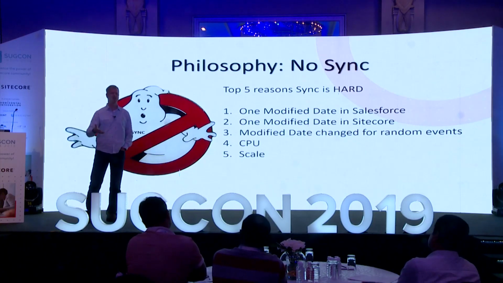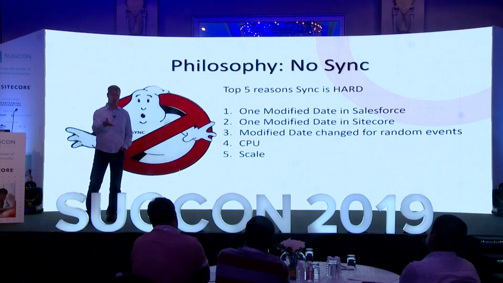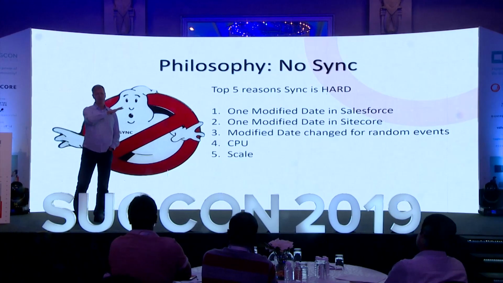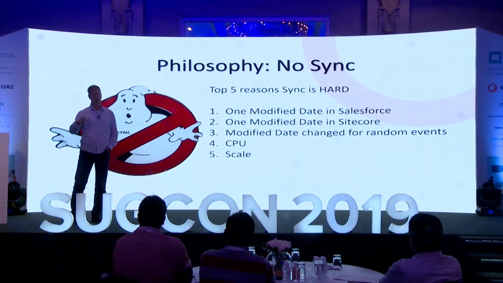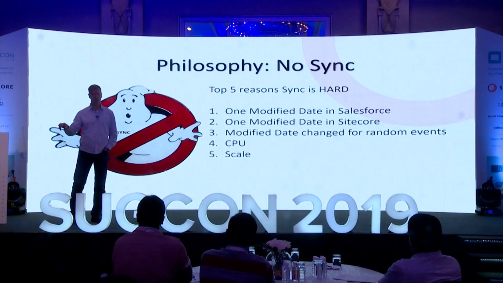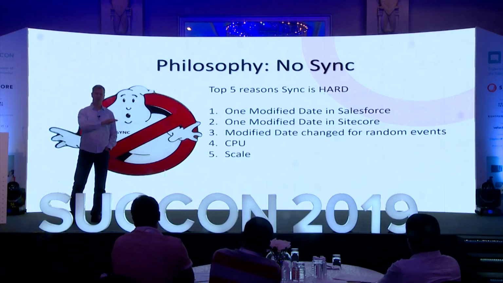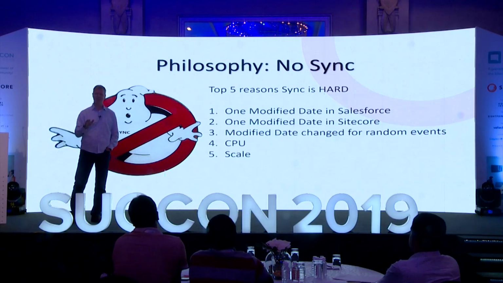When that happens, if you make a custom field and you populate it, then the modified date has just changed on every object in Salesforce because you have changed that object. Okay? If you're running a pipeline batch based on those changes, you have just queued up every object in Salesforce to sync. It's a very bad idea.